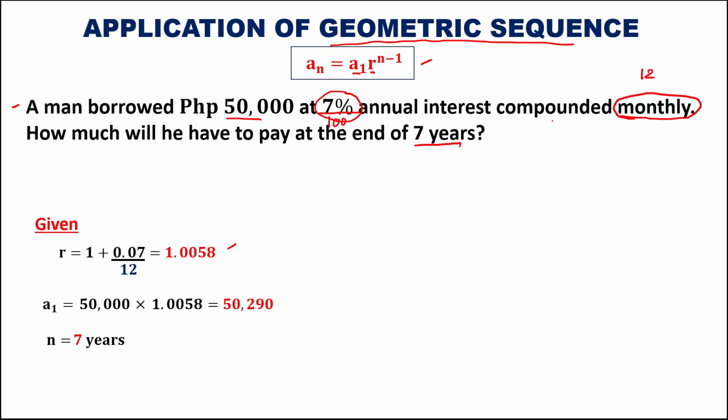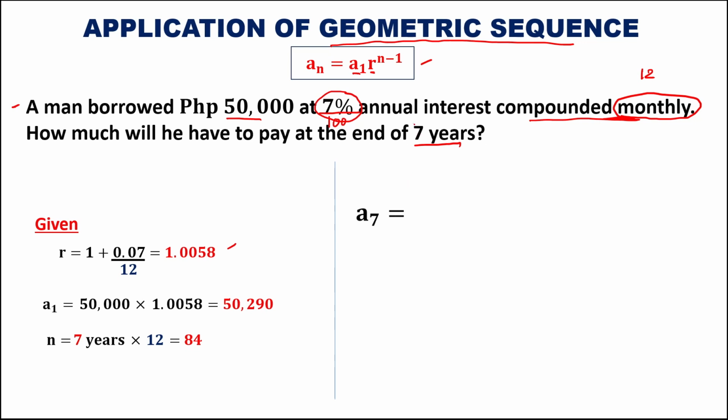But again, since compounded monthly, so therefore, we need to multiply this one by 12. So N equals 84. So from this given, so we can solve now this problem.